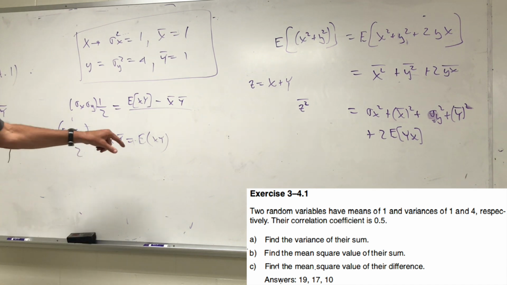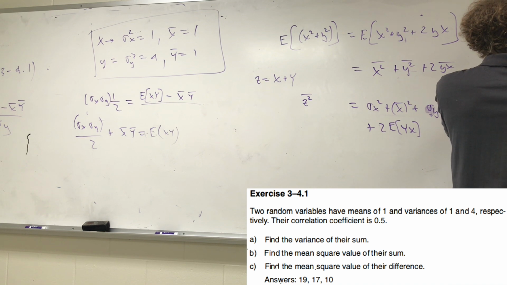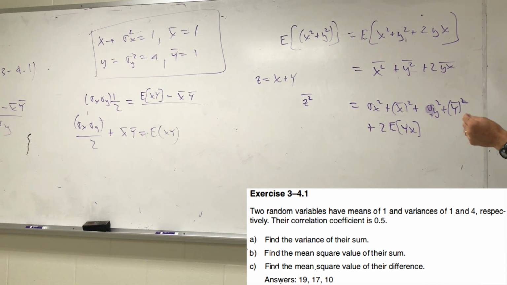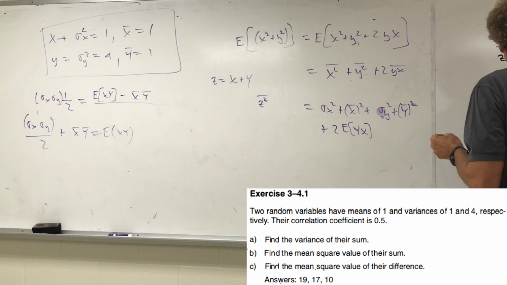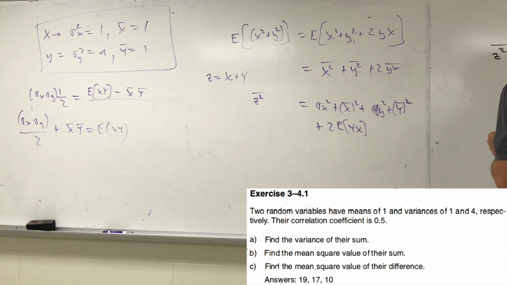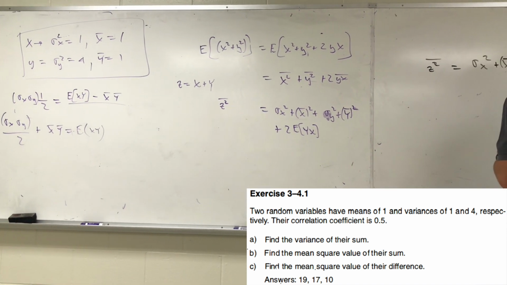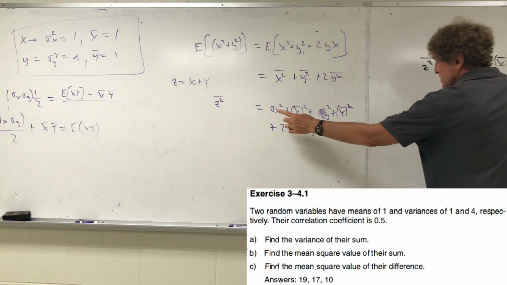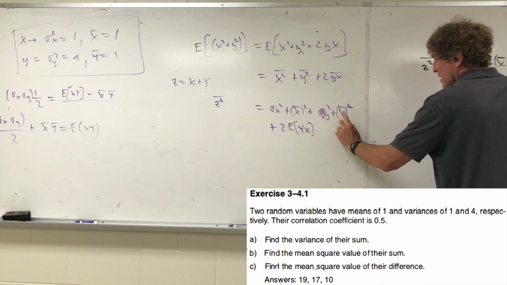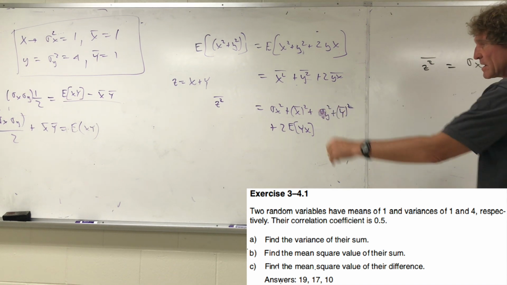I'm going to take this and put it in this equation. They want the expected value of this, of the product of y plus x squared. So that's equal to sigma x squared plus x bar squared plus sigma y squared plus y bar squared. That's the first terms here. And then plus 2 times that, right here.